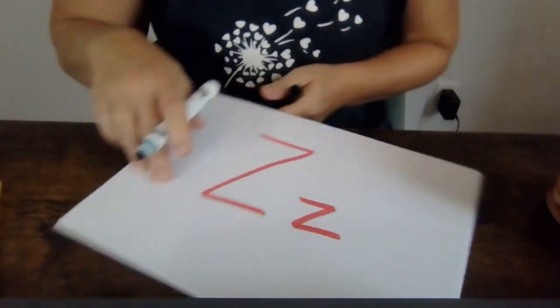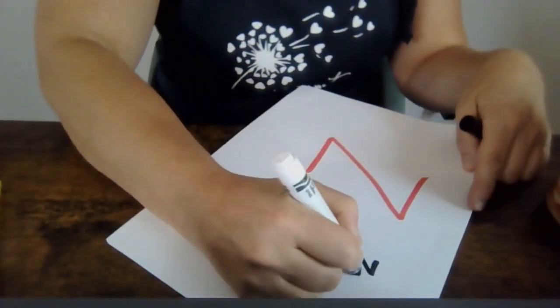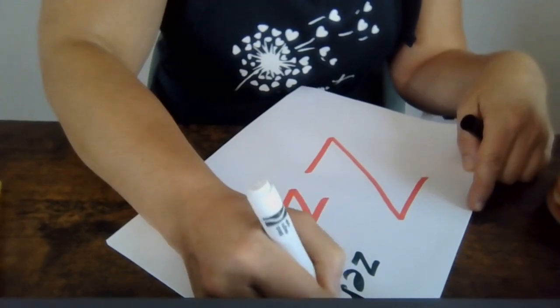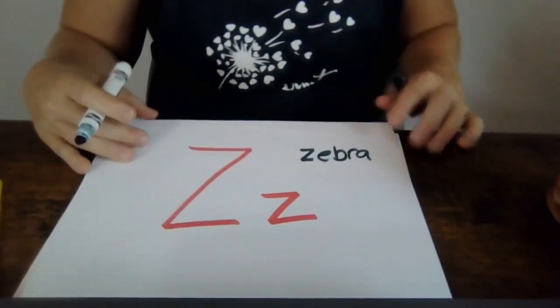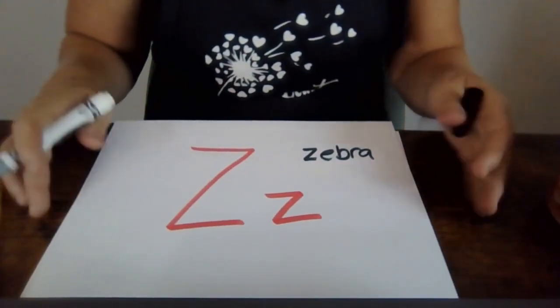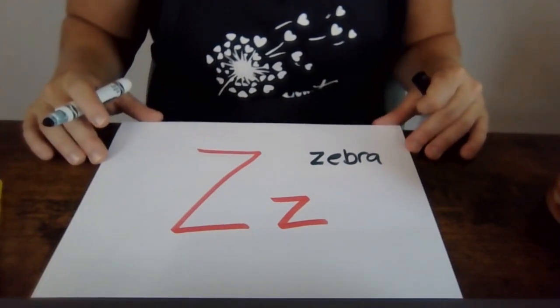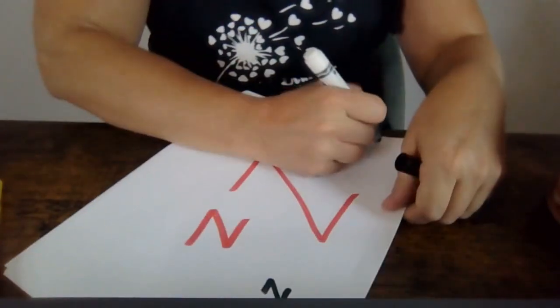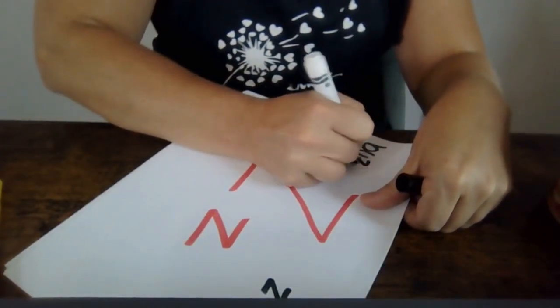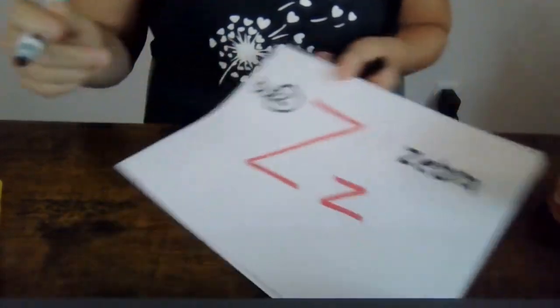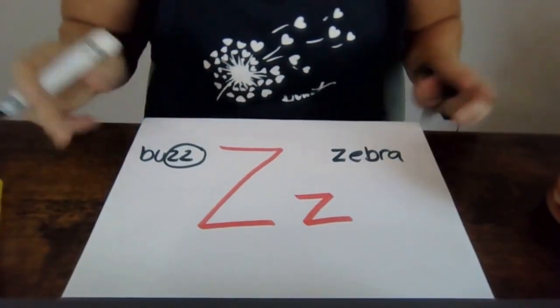I know an animal that I'm going to try to draw. Zebra. A zebra. Yeah. I'm going to get to drawing that a little later. What else? Buzz. I might be able to draw another B. Buzz. I might draw a B there. What else can we come up with?